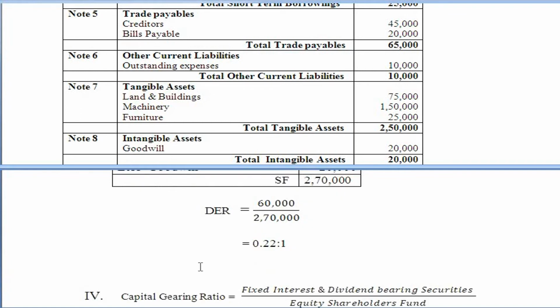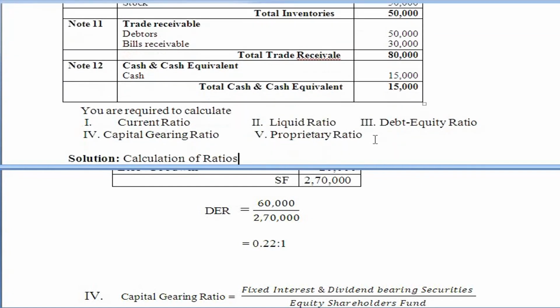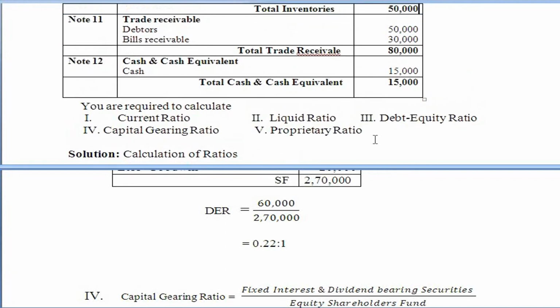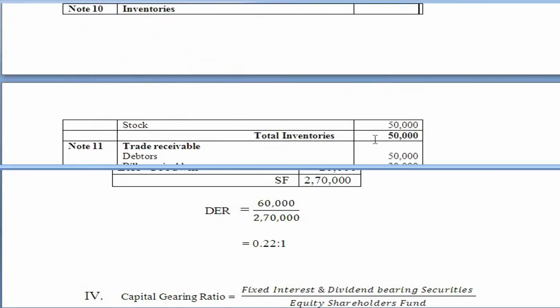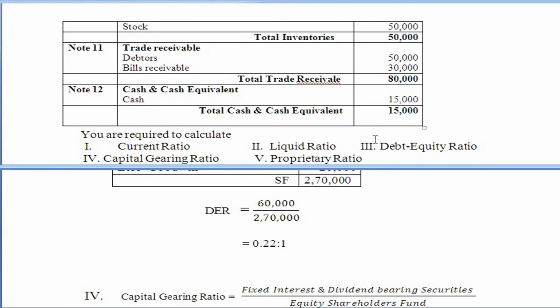Now after this, the fourth question is calculation of capital gearing ratio. Okay, fourth one is capital gearing ratio. And what is the formula of capital gearing ratio?